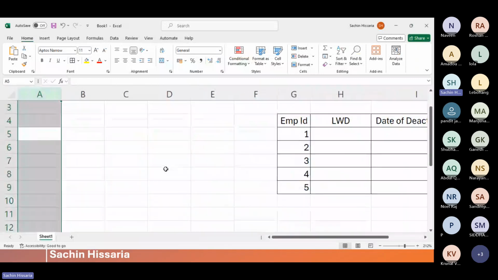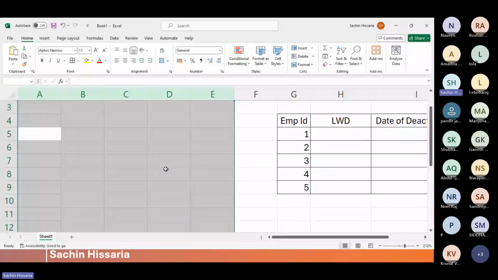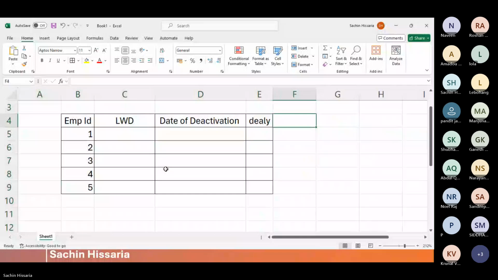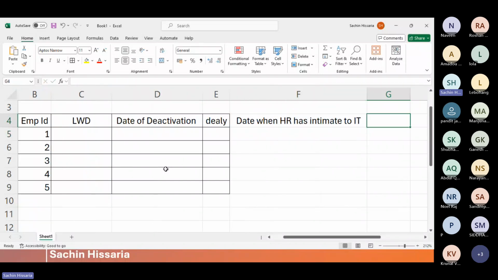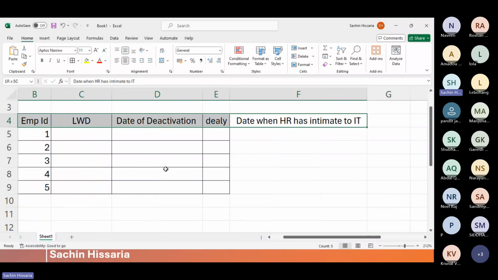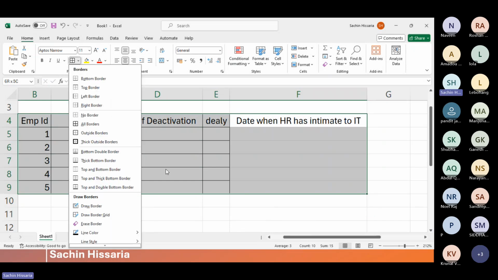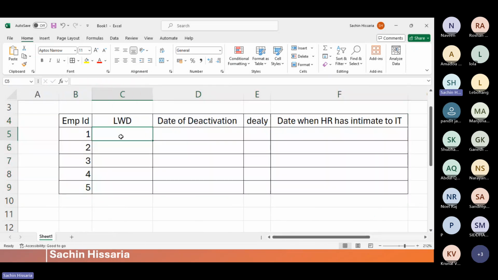So you will add two more columns here: the date when HR intimated IT, and the date when IT deactivated the ID. Now, suppose in this case the last working day was 1st July 2024. The ID was deactivated on 20th July 2024.